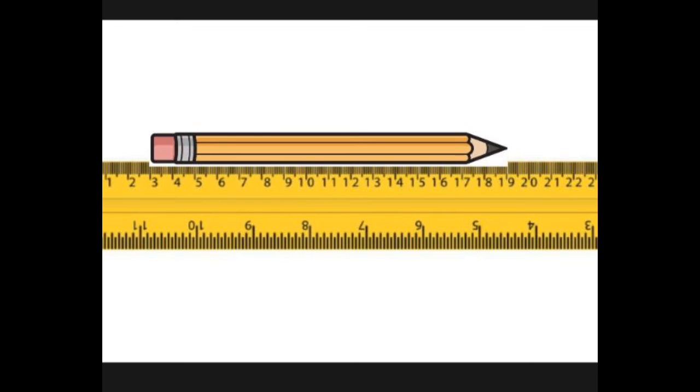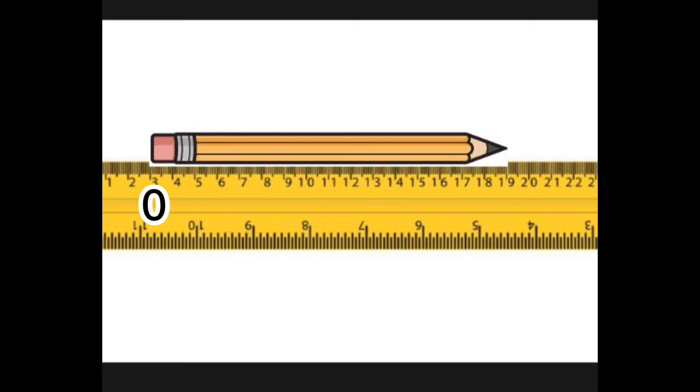Now, we have our last example. In the picture being presented, the object is a pencil. As you can see, the bottom of the pencil is on the vertical line of the number 3, and the tip of the pencil is on the vertical line of the number 19. Take note. Always remember that the bottom of any object will always start counting as 0.